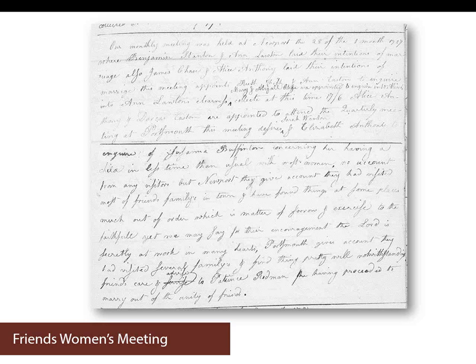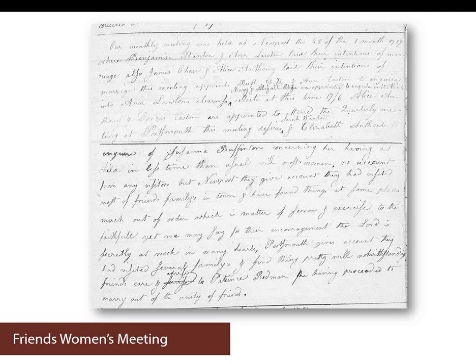There's also business that's going on. And in the women's meetings, that often had things to do with somebody who may be straying from the faith, and perhaps we're going to form a little committee and send that committee off to see if they can bring her back into the fold, etc.